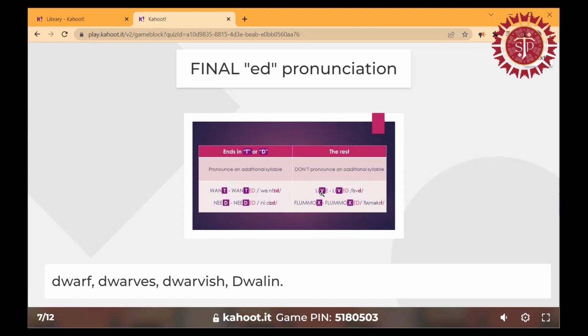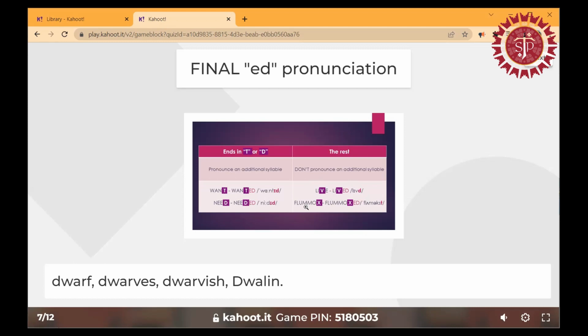So for example, if the verb is live, that ends in the sound v, the past will be lived. No, we don't add a vowel. We just add the consonant sound, so we don't add a syllable. Live, lived.